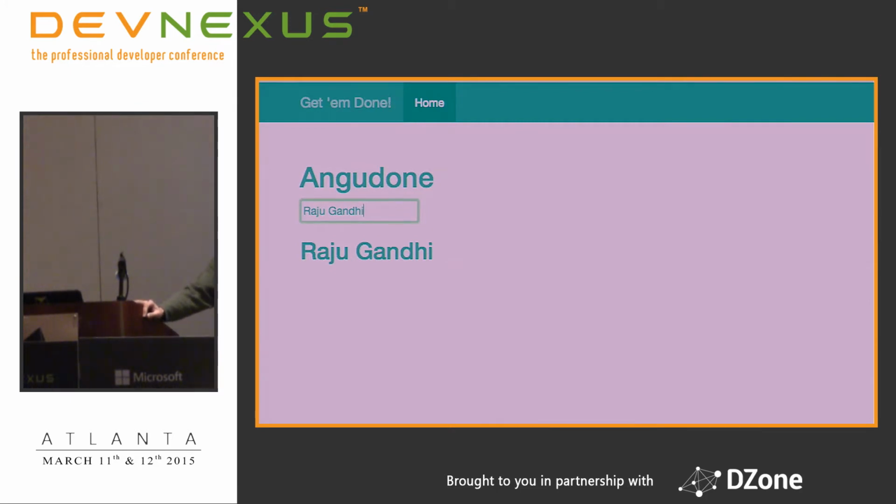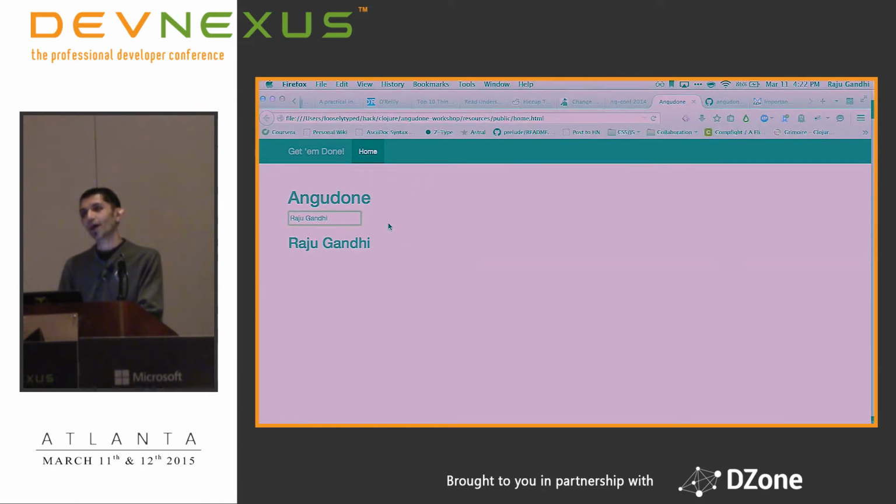Tell me that's cool. Oh yeah, automatic two-way binding between view and model. No JavaScript, right? This is one of the biggest selling features of Angular, the automatic two-way binding of model and view.